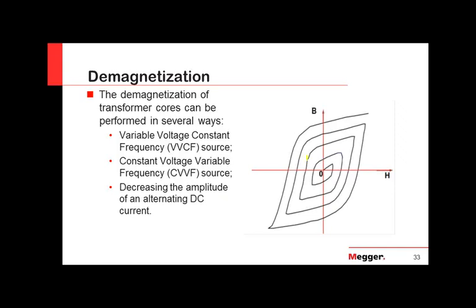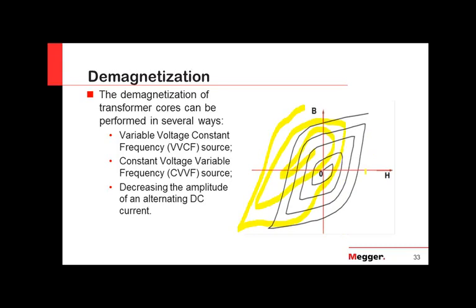But you can see here what we're trying to do. Basically, if we were applying AC, we're going from positive to negative, and we're trying to minimize the effect of the saturation. As you can see, the hysteresis here has to be reduced.